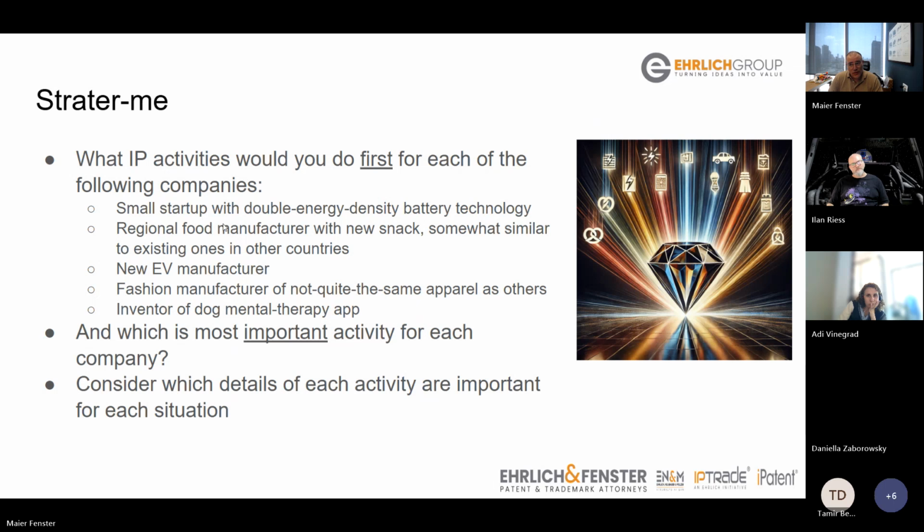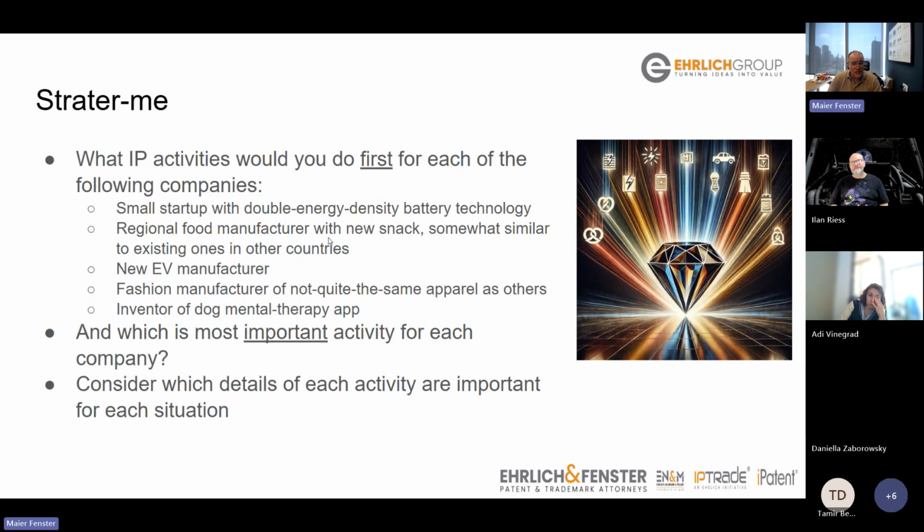So in order to put the whole thing into focus, here's just an exercise to think about. I gave you a lot of IP activities, and which one would you do first in each one of the following companies? So I have one company, a small startup with a high energy density battery technology.